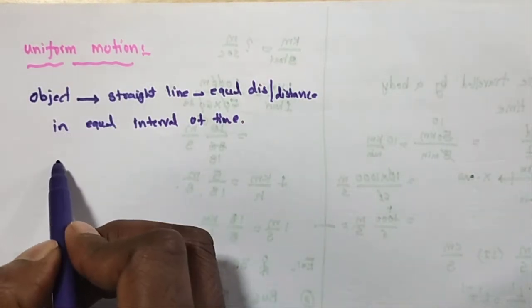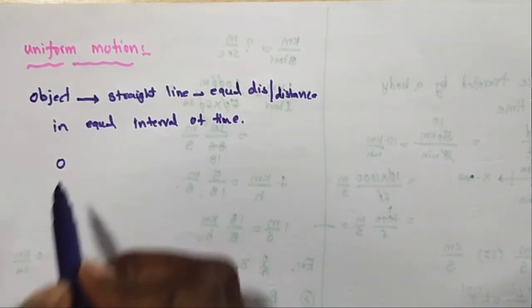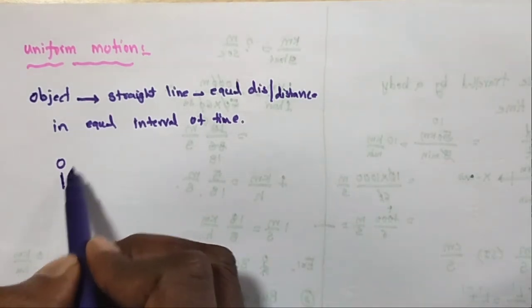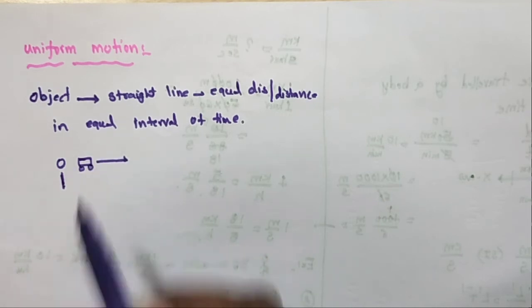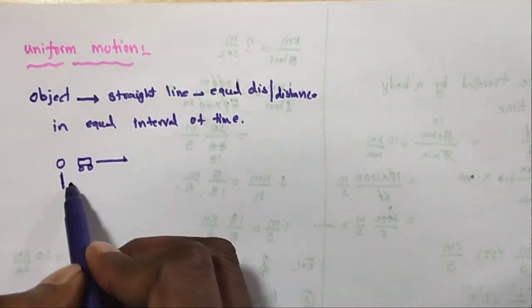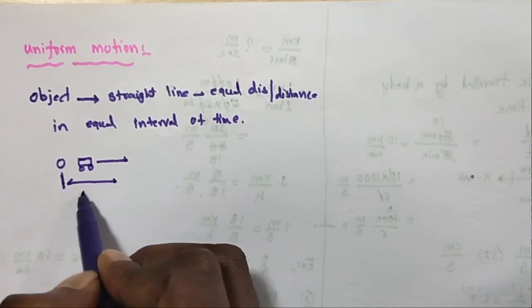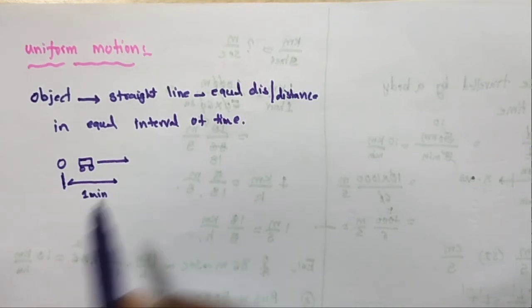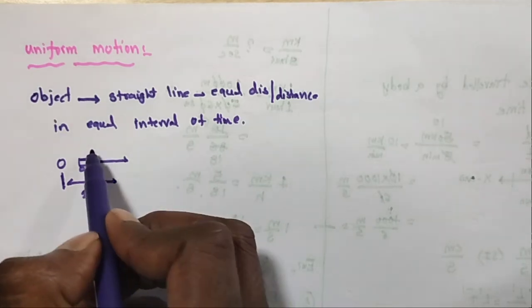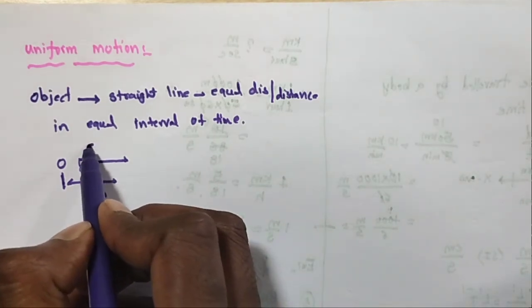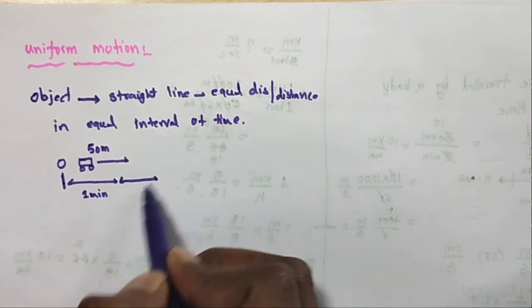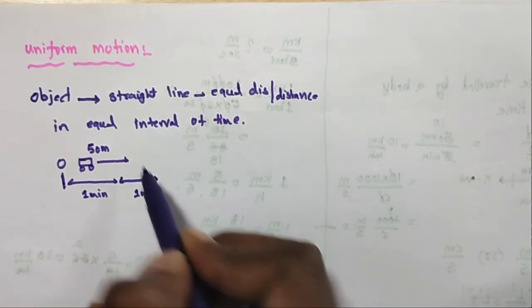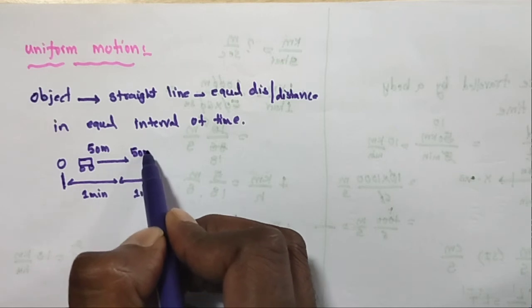For example, O is the origin, so this is the starting point. The bus is moving in the positive x direction. Suppose in 1 minute the bus moves 50 meters. In the next 1 minute, the bus moves 50 meters.